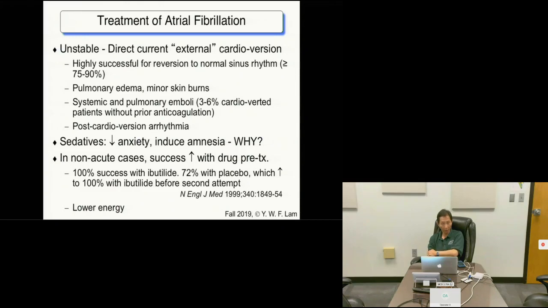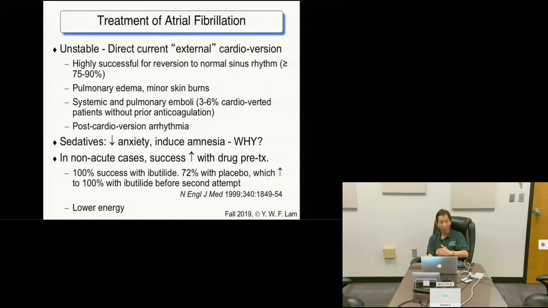In this case, published in the New England Journal of Medicine in 1999, you can see a 72% success rate with direct current cardioversion, but if we pre-treat the patient with Ibutilide, which is a class 3 antiarrhythmic drug, the success rate immediately increased to about 100% or so. And that pharmacological pre-treatment also enables us to use a lower amount of energy applied to the patient.